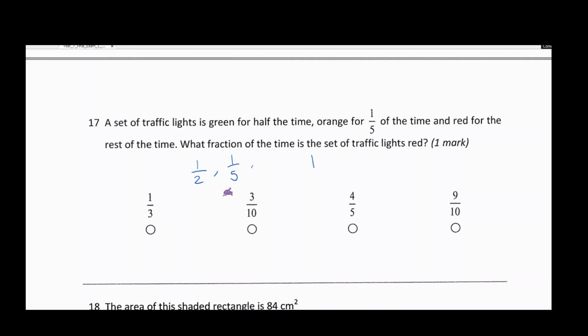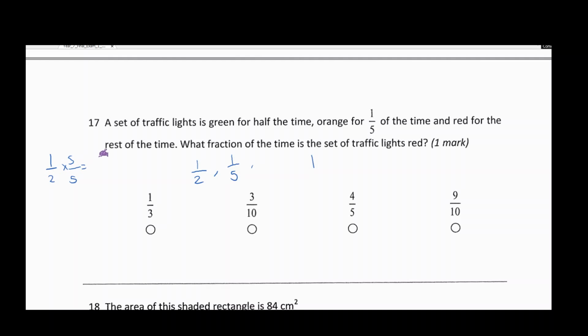So for half of it, it's green, and for a fifth, it's orange. So we need to change these denominators so we can use them. So I'm going to multiply 1/2 by 5/5.